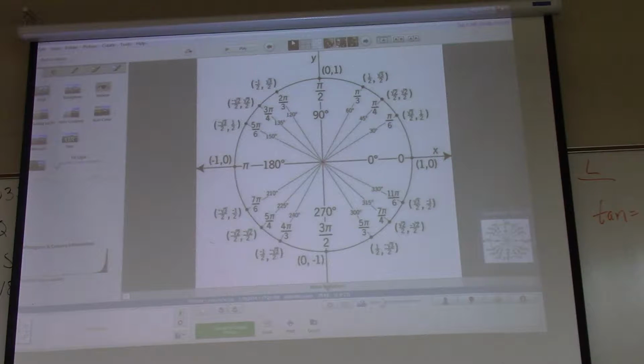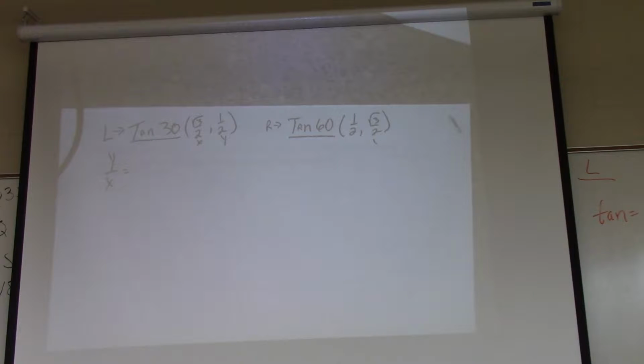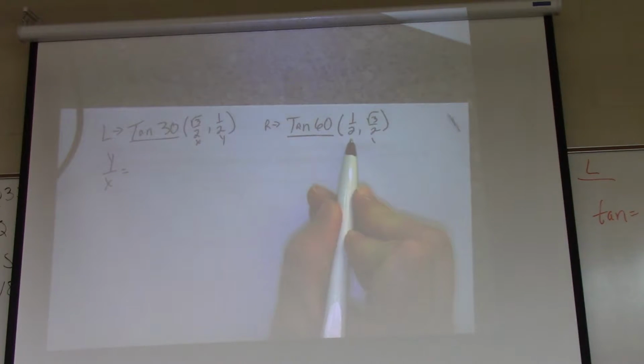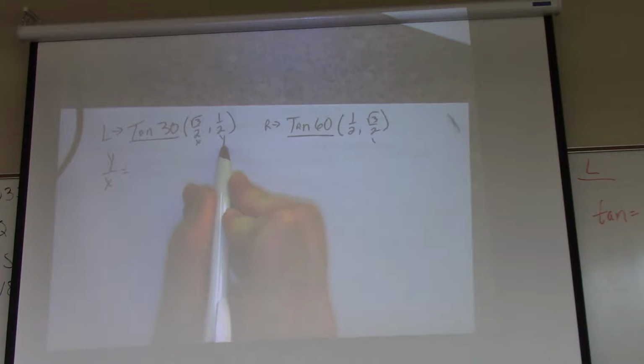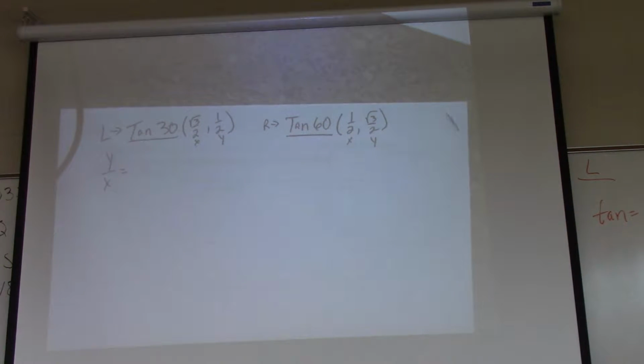And to divide y by x just means take the y value and divide it by the x value. So again, 30 has this value, 60 has this value. All you need to do is take the y value, divide by the x value. The y value, divided by the x value. That's what I'm asking you to do.